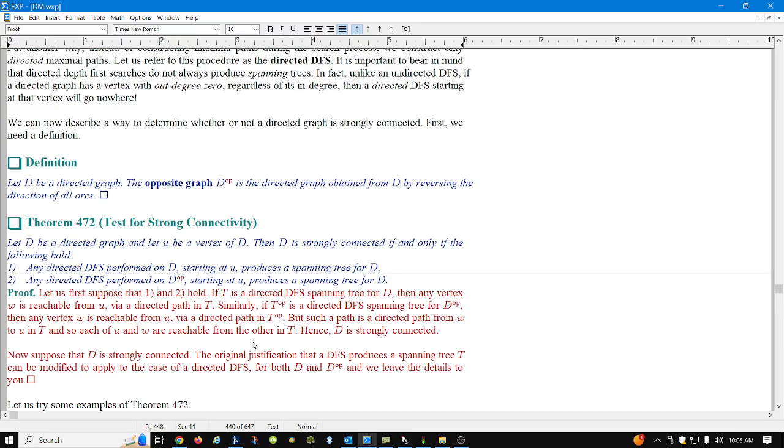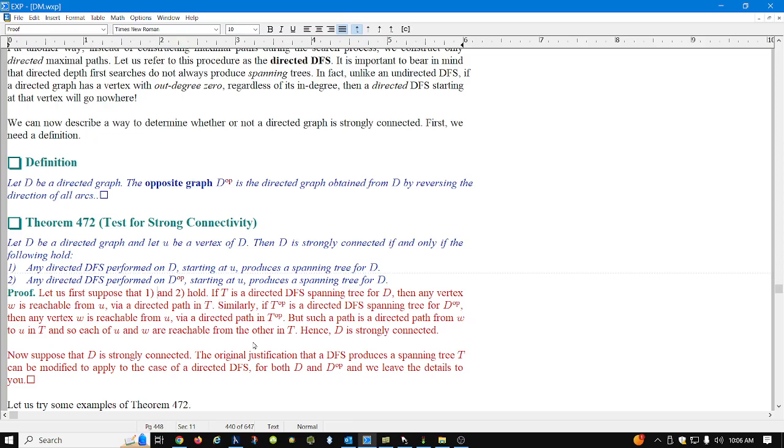There's one or two more sentences that you would want to add to this proof, and I'm going to leave that for you to fill in because it's good practice. For the converse, we suppose that D is strongly connected.